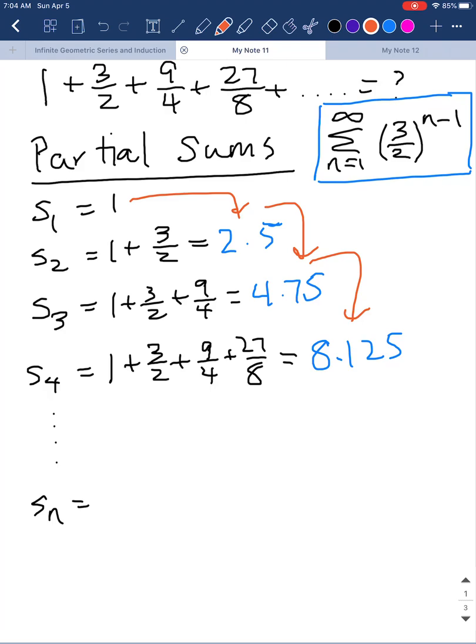So clearly it's getting bigger, and there's no reason to believe that it's going to be getting any smaller. If this is continually getting bigger, what would we say is the sum? It looks like we would say that the sum is equal to infinity. But what does that mean? What does it mean to be infinity?